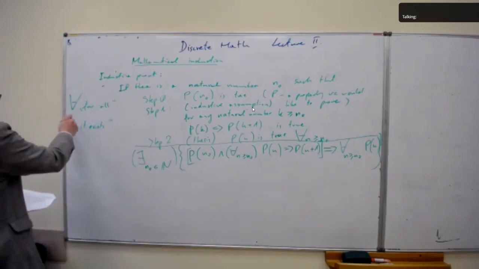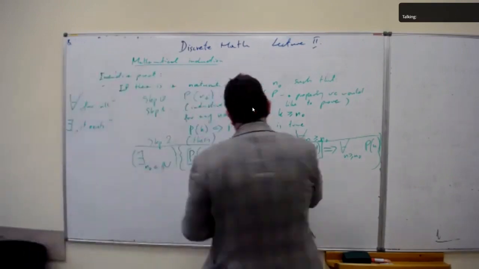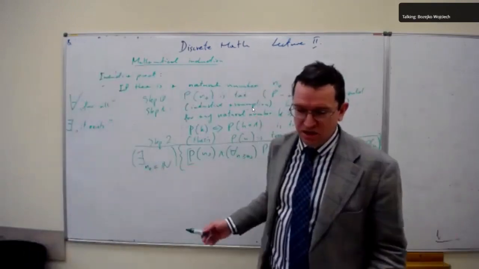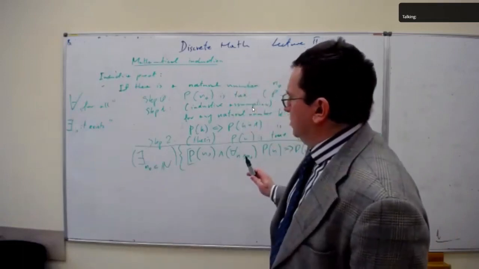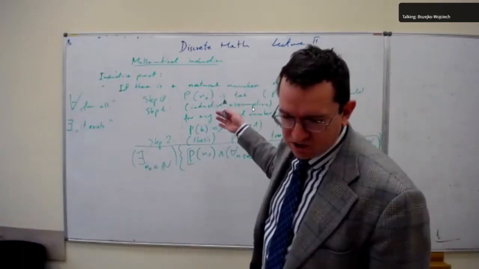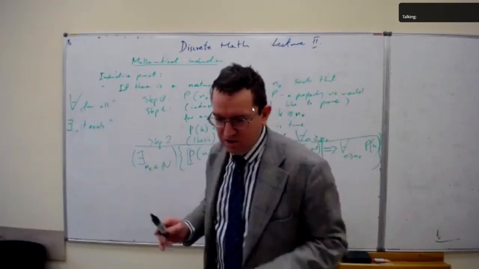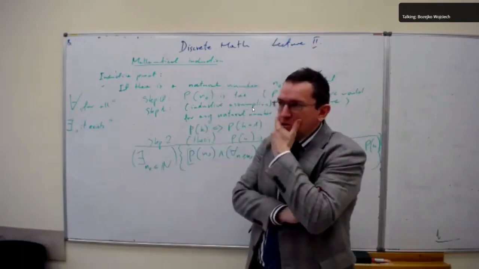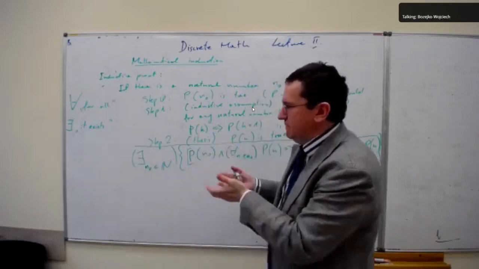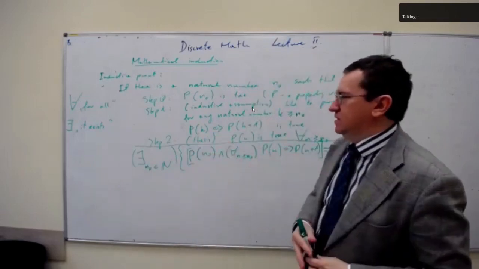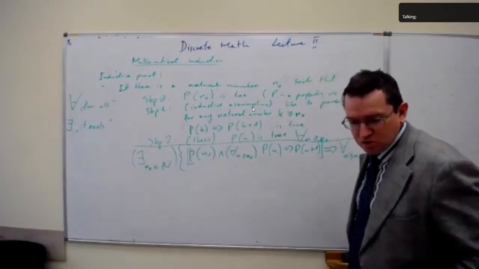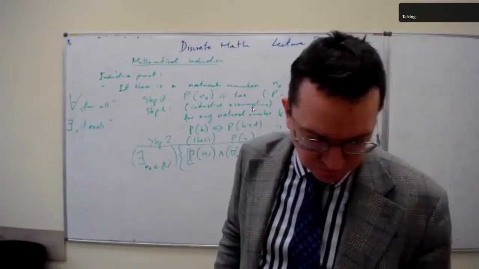Because this is the letter A for all, this is E, like in exists. If it is understandable, this is clear how it works. Maybe we should better see it on an example, because formally this is just a formal construction. Better, let us show it on an example.